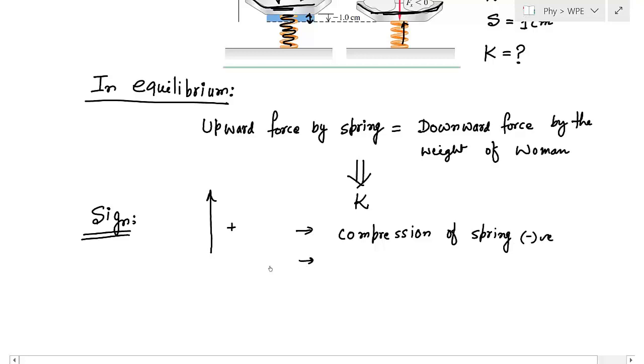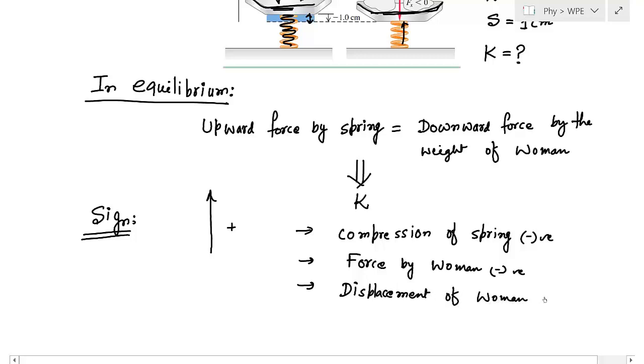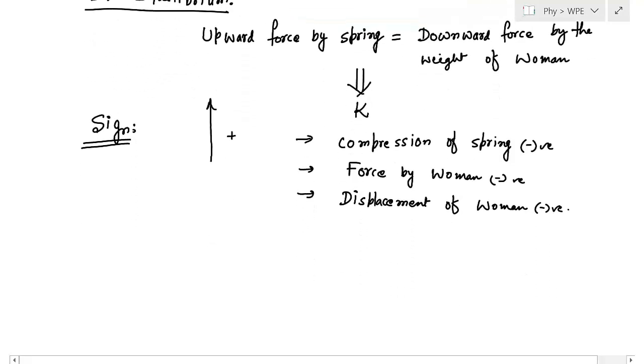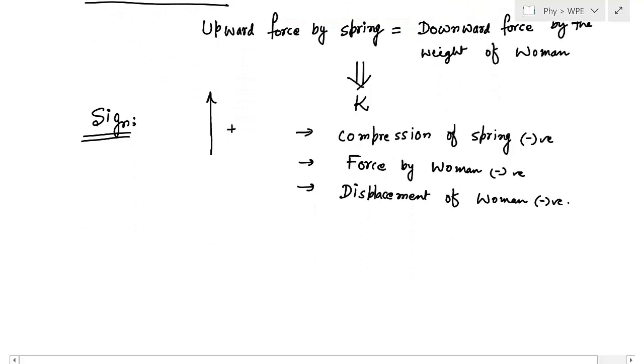Similarly, force exerted by Bowman is negative, because Bowman is applying a force in the negative direction. And also the displacement of Bowman is a negative quantity, because she is going in the downward direction. So I will use this sign convention to calculate the force and force constant K.